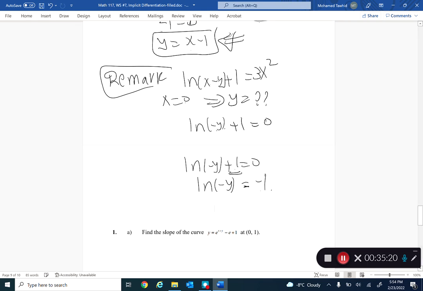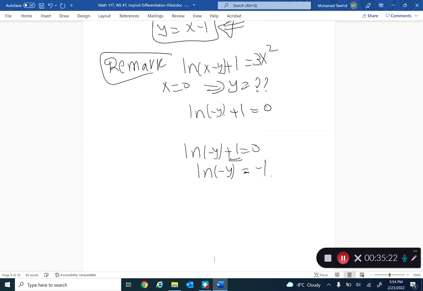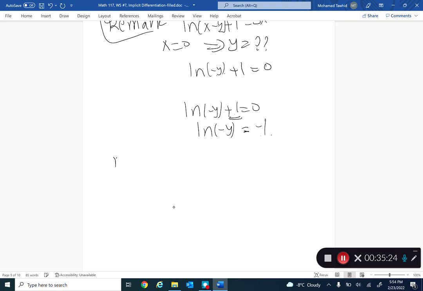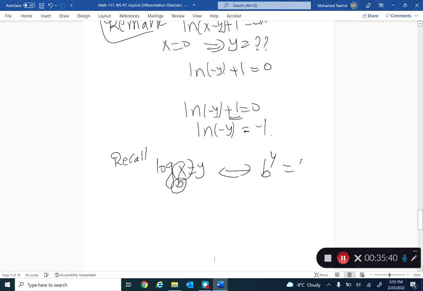How do you solve this one, from high school or from other tools? Let me recall for you here. If you have log base b of x equal y, this is equivalent to b to the power y equal to whatever is inside, which is x.